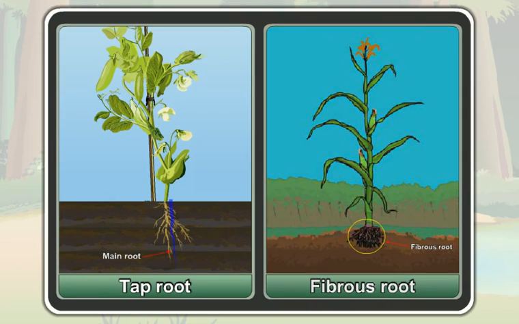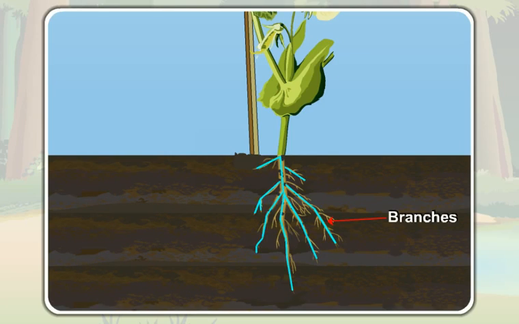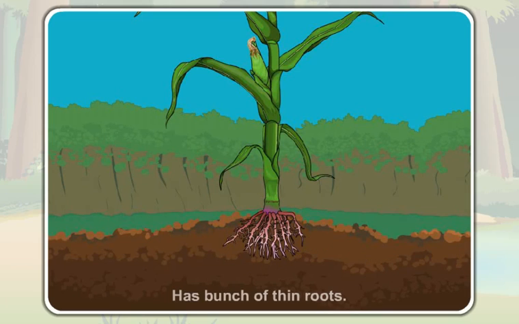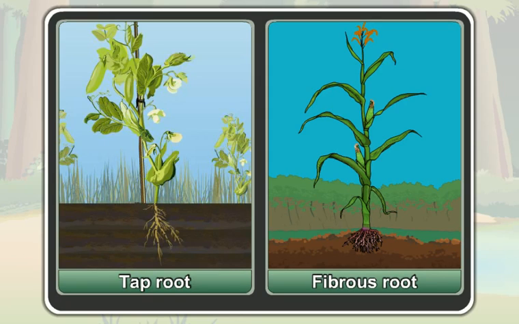The tap root has many branches growing out of the main root. The fibrous root has no branches. It has a bunch of thin roots instead. The taproot grows deep into the soil, but the fibrous root doesn't grow as deep as the taproot.